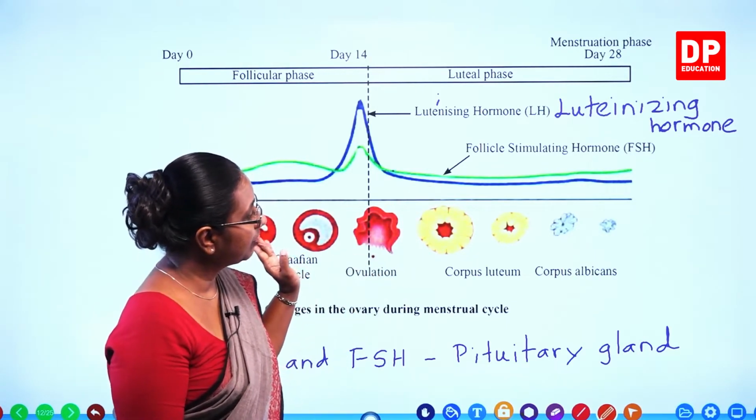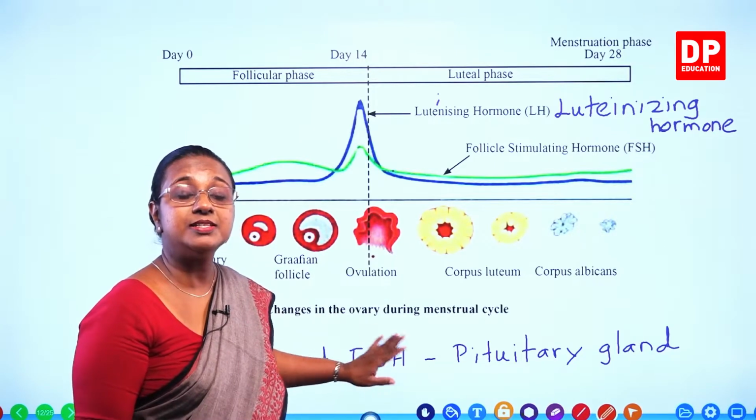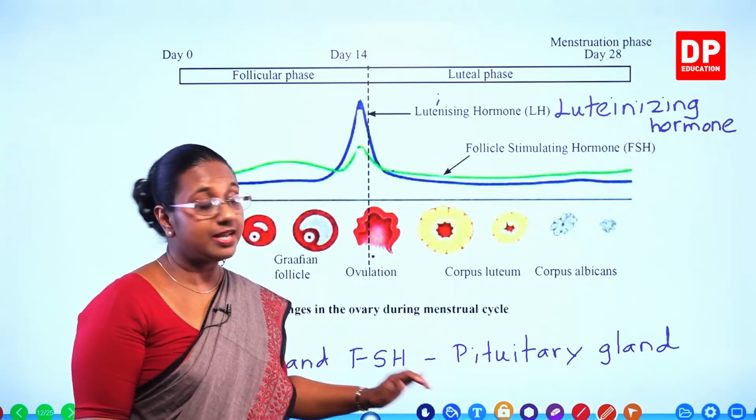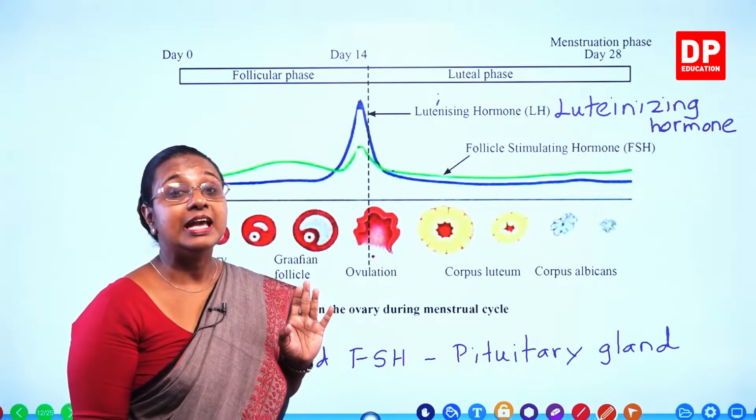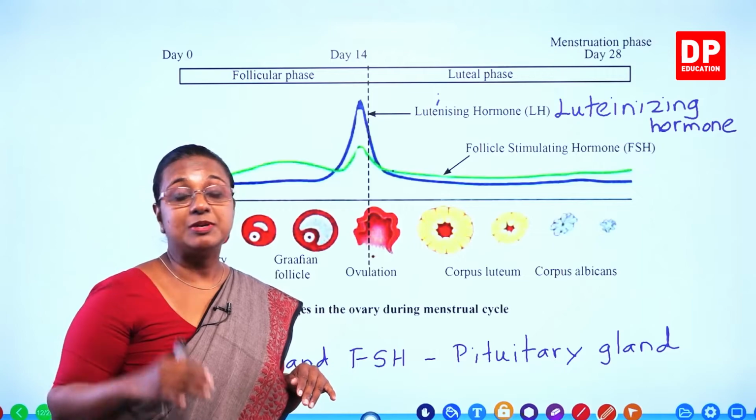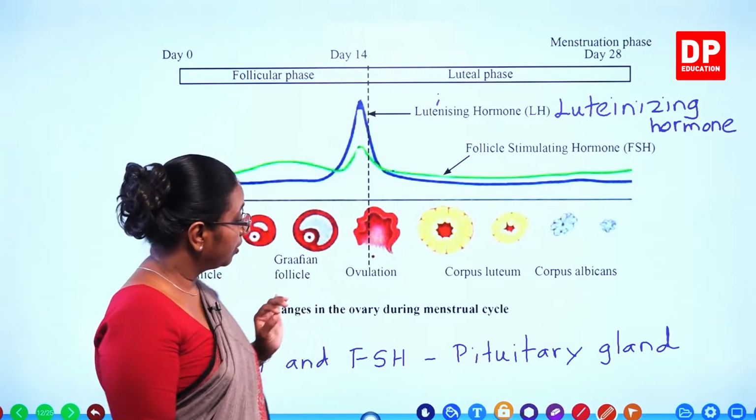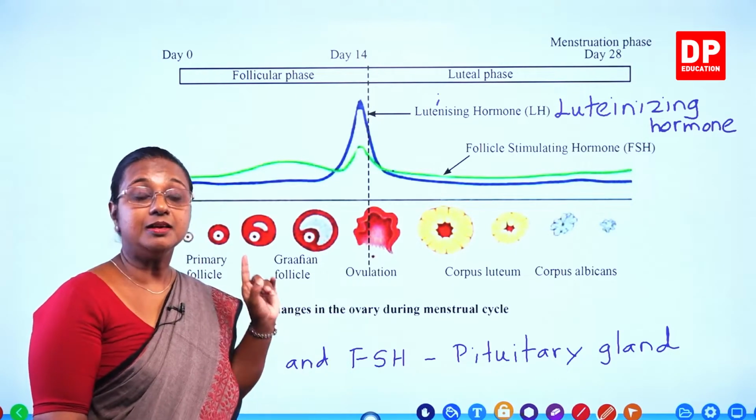And follicle stimulating hormone, as I told you all, students, both LH and FSH are secreted by the pituitary gland, which is part of the endocrine system that is present in the brain. So, the pituitary gland is present in the brain.